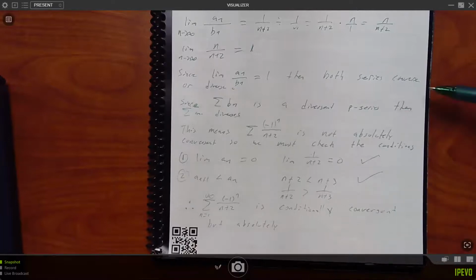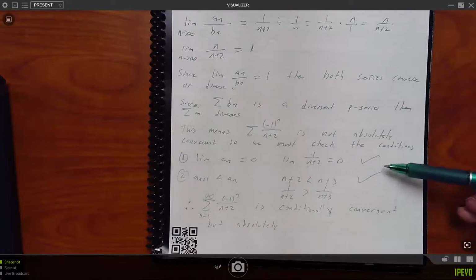So this over here told us it wasn't absolute, right? This told us it was conditional. If it would have failed both, then you can finally say it diverges.